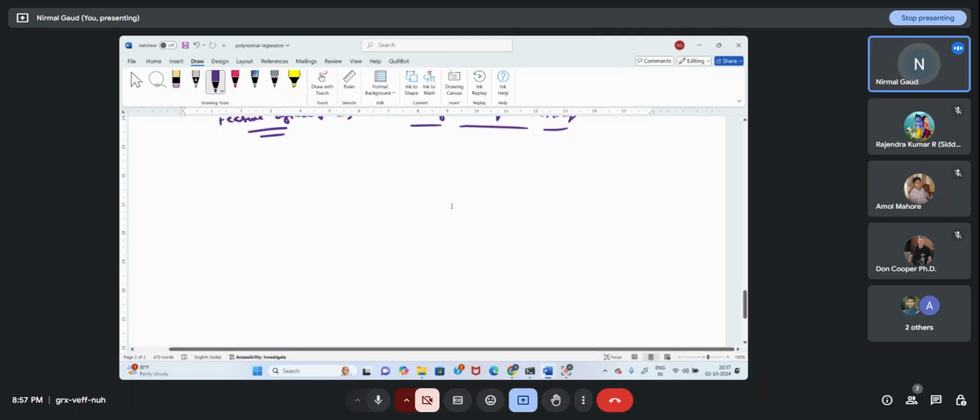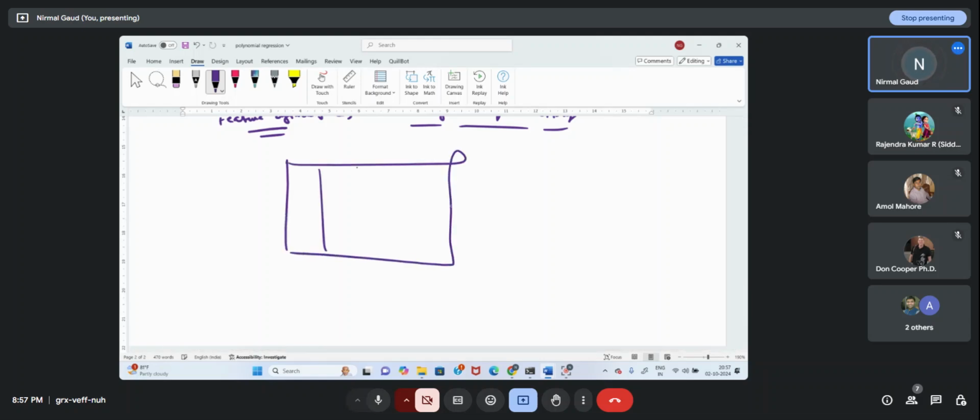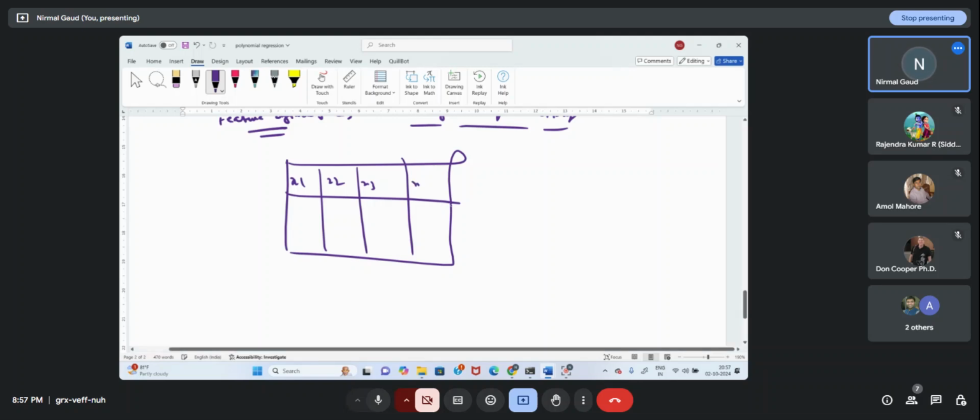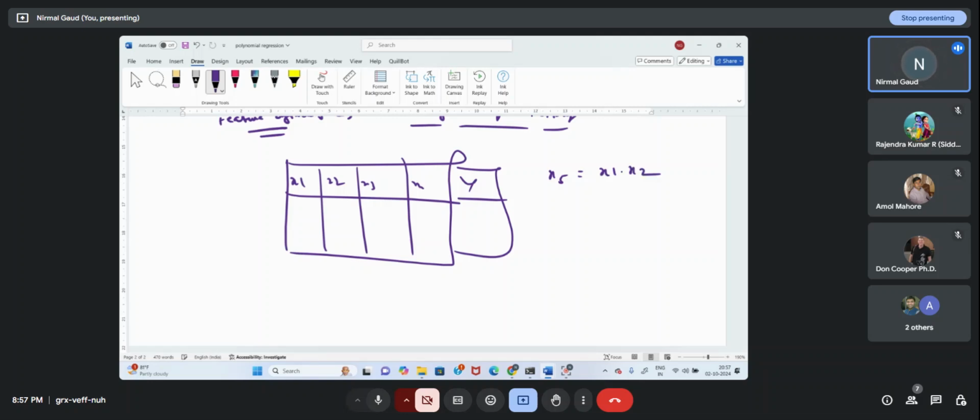So in your data, you may have certain features x1, x2, x3, x4, and this is your y. For example, you create a new feature x5 that is the multiplication of x1 and x2. The creation of a new feature is called feature engineering, and this new feature is a product of x1 and x2.